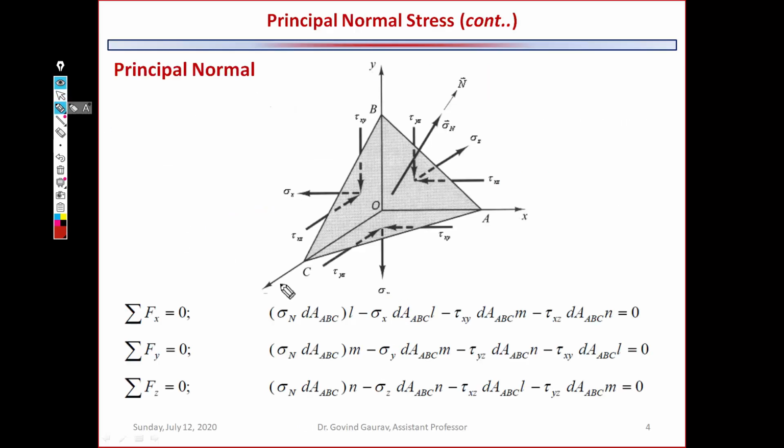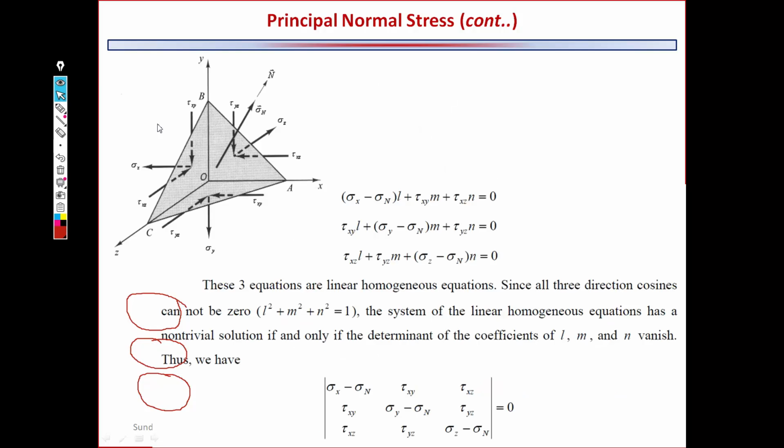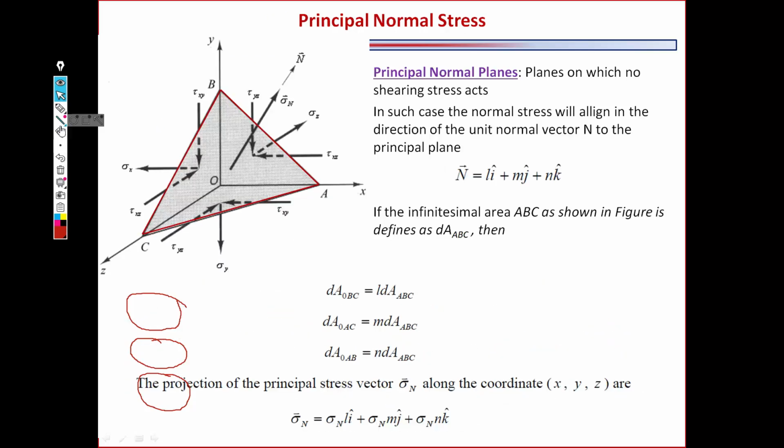The next step would be to write the equations of equilibrium in the x direction, in the y direction, and in the z direction, and we can use the relationships between the projections of the different areas.